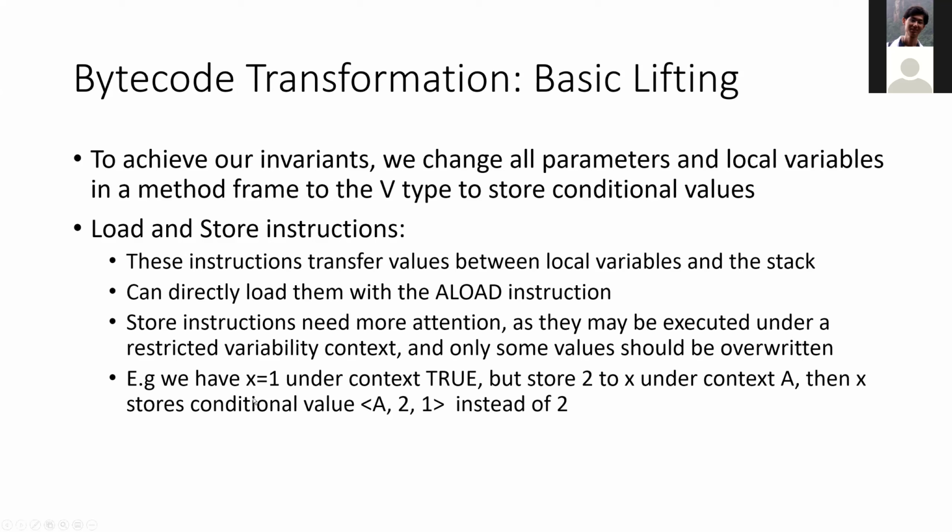For example, if we store 1 into x under the context of true, but we store 2 to x under the context of A, then x will have the conditional value of A, 2, 1, which means that x has the value of 2 under the context of A, else it has the value of 1. Yep, so this is how the conditional values work.